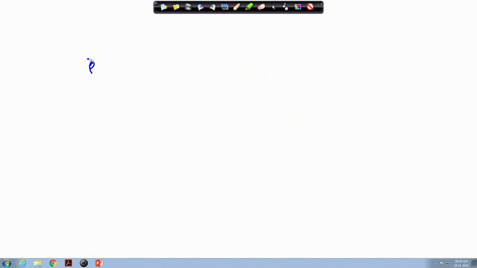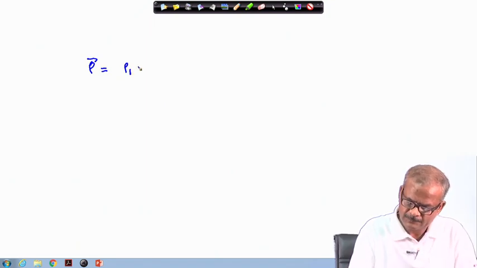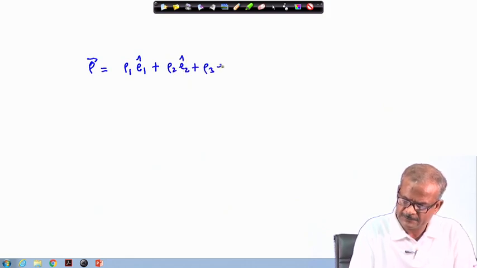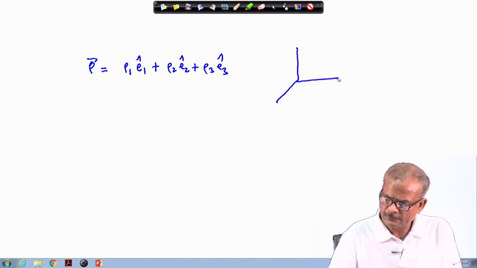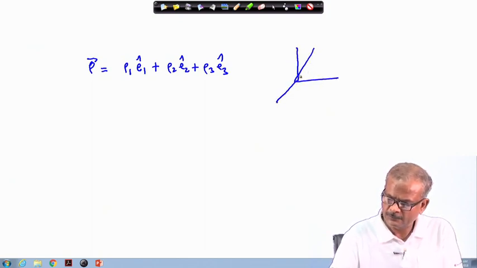Therefore, this rho vector, as already written, consists of 3 components. So, we can write this as rho 1 times e 1 cap, rho 2 times e 2 cap and rho 3 times e 3 cap, where rho 1, rho 2, rho 3 are the components.